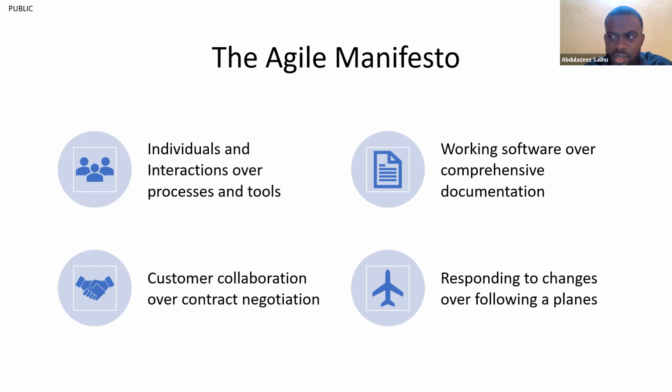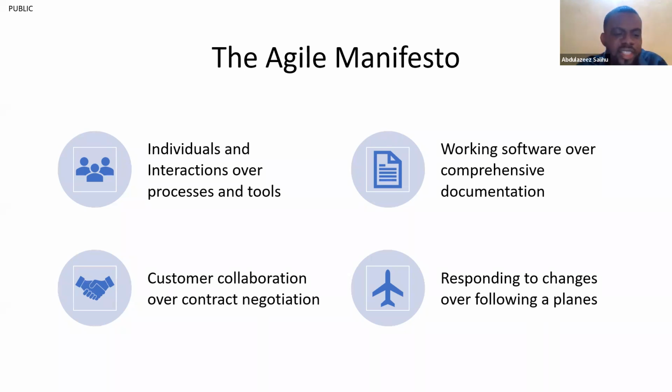The second principle is what? Welcome change. The third is delivering a working product frequently. That's where incremental delivery comes in. Then the fourth is what? Daily collaboration.